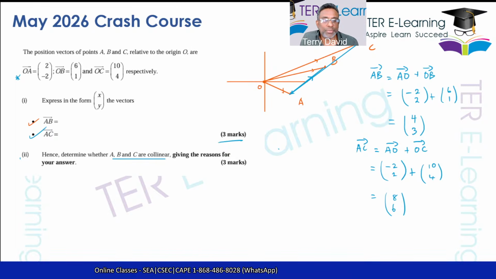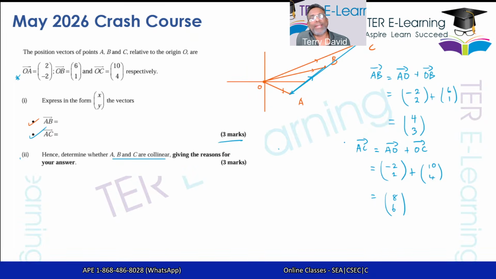There are 2 things we need to see. First, we need to find if there's a relationship between the 2 vectors, AB and AC. Let's write AC as K times AB.